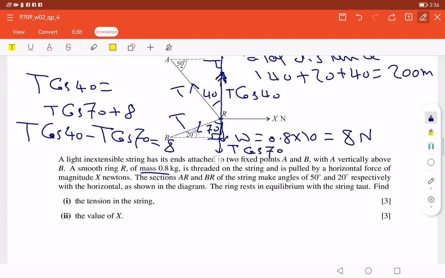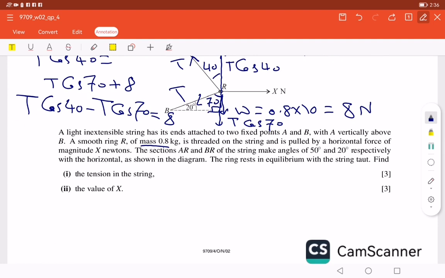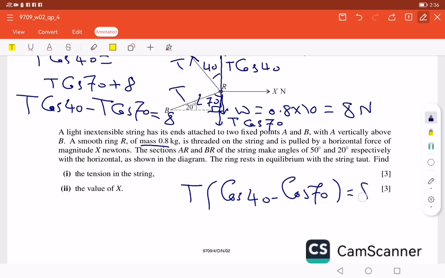By taking T as a common factor, we can say T, open bracket, cosine 40 minus cosine 70, close bracket, equals 8.